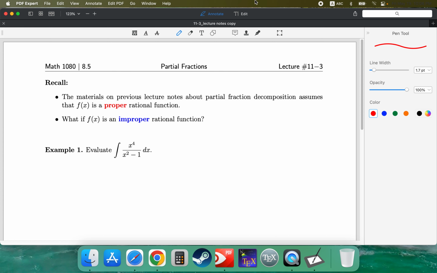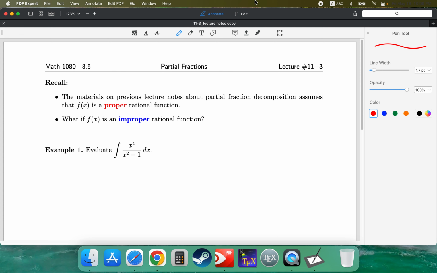Hello everyone, today we want to talk about 8.5 partial fractions, the last part. So the materials on previous lecture notes about partial fraction decomposition assumes that f of x is a proper rational function. That means the degree of the numerator is less than the degree of the denominator.